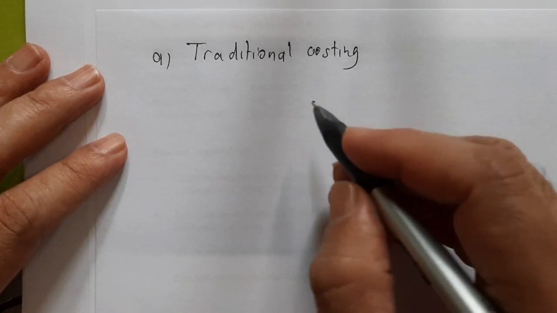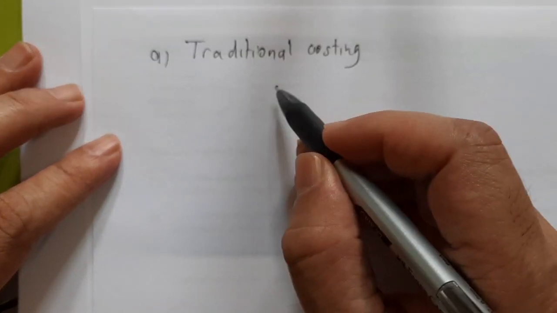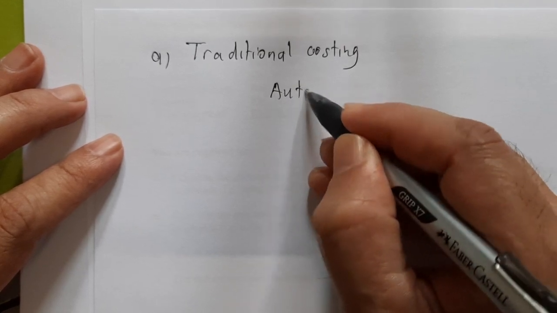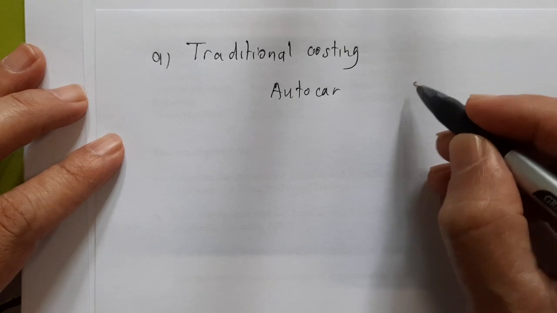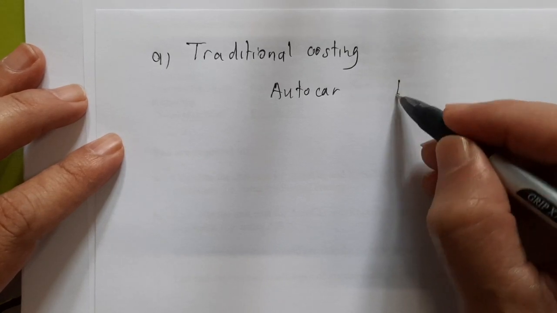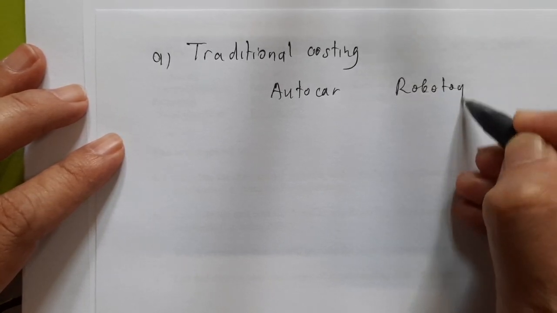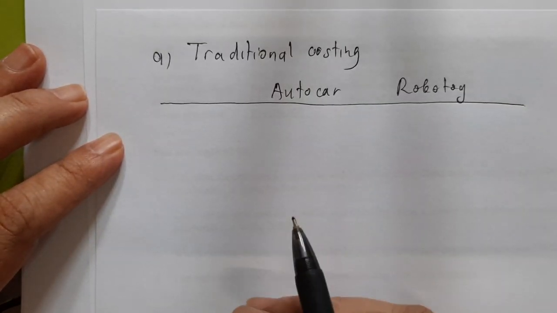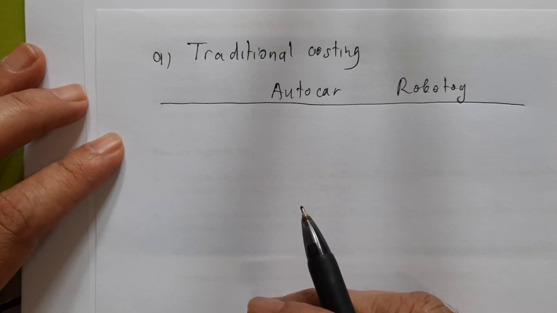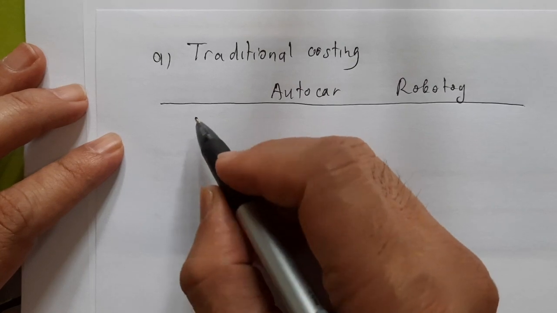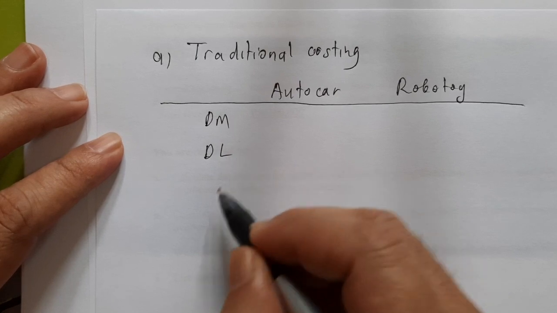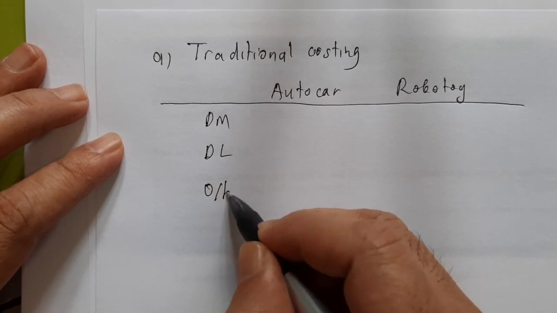Okay, so let's see how to answer this question using traditional costing. There are two products. The first one is autocar. The second product is the robotoy. So when you have to calculate the product cost, you know that the basic formula is the direct material cost plus the direct labor cost plus the overhead cost.